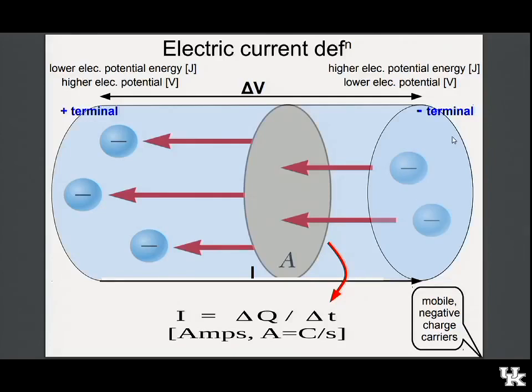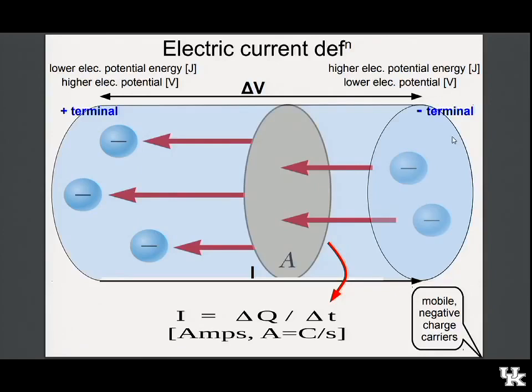Inside that wire are mobile electrons that are free to move. And so actually in wires, in circuits, it's typically negative charges, not positive charges, that are in motion. So here's the corresponding picture for negative charges moving through a wire.